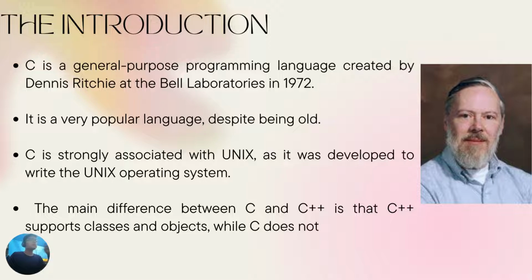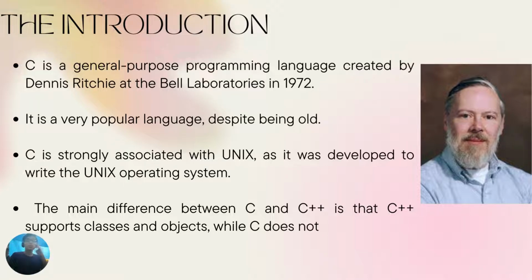C is a general-purpose programming language created by Dennis Ritchie at Bell Laboratory in 1972. It is a very popular language despite being old. C is strongly associated with Unix, and it was developed to write the Unix operating system.